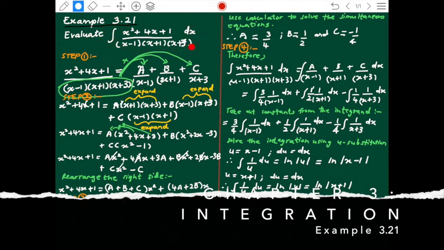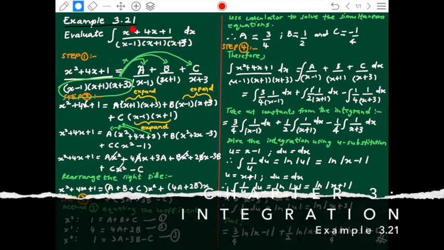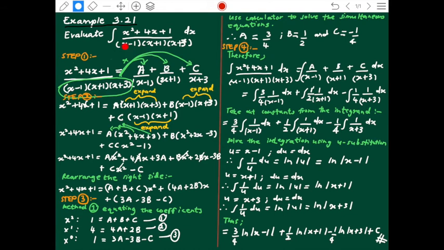So in this example, it is a proper rational function, since the numerator has lower degree than the denominator. In this example, you don't have to factorize it because it's already given in factorized form.